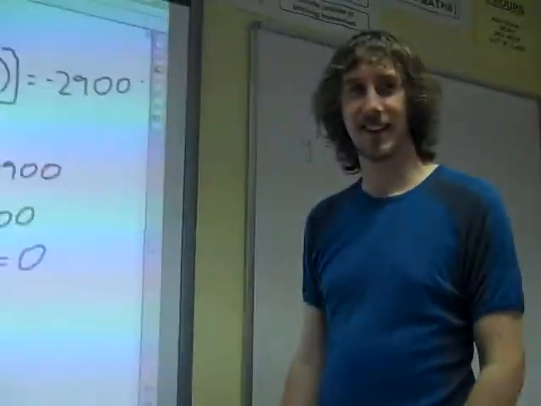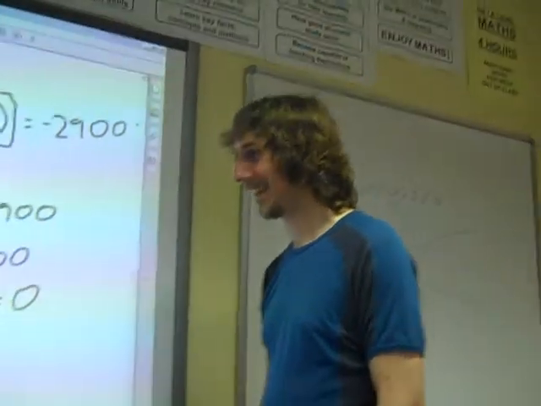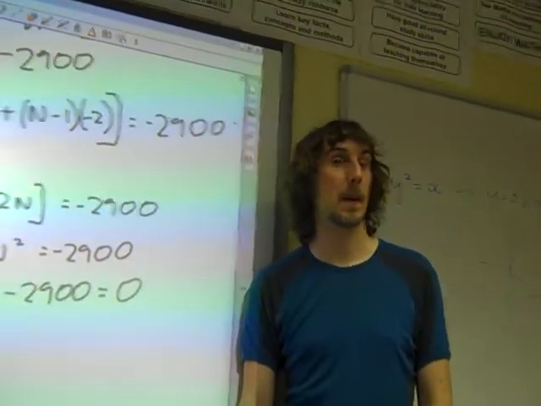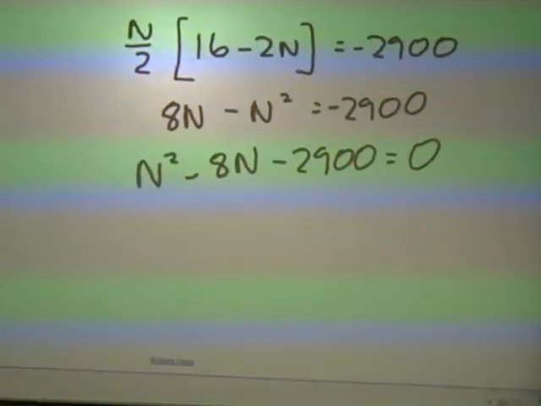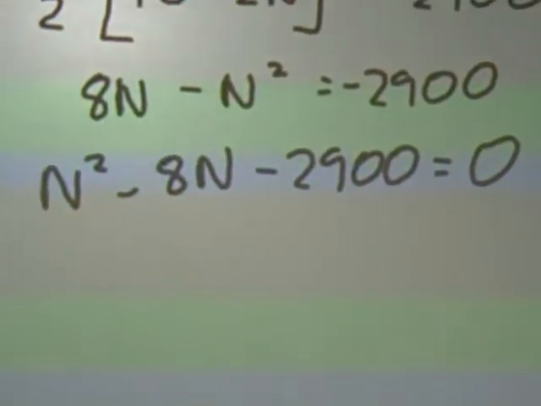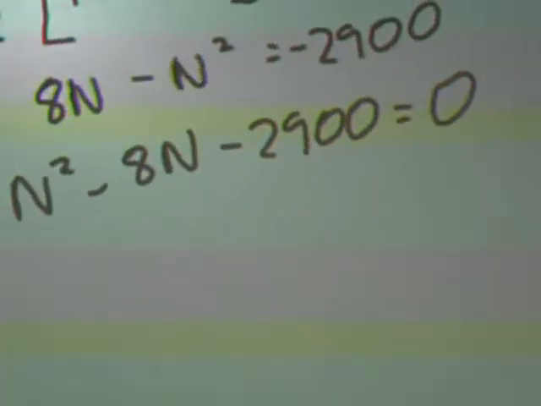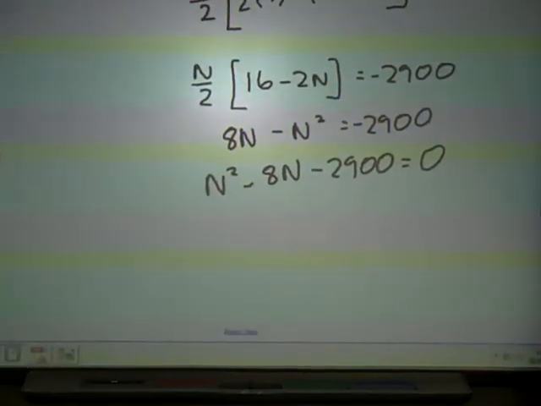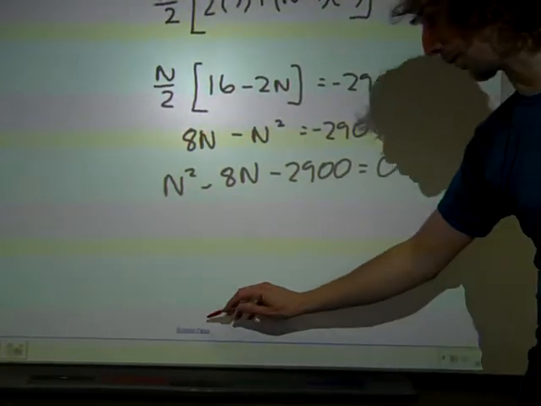Good. Are you with us still, Elliot? We need to factorise this then. How are we going to do this? We might come up with two things that multiply to give 2,900 and add to give minus 8, but there's a good chance we're not going to. So I think we're probably going to go straight to the formula.